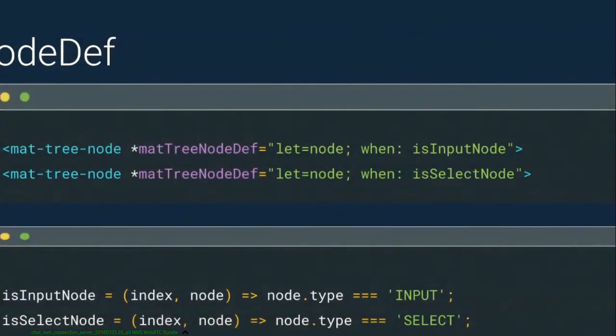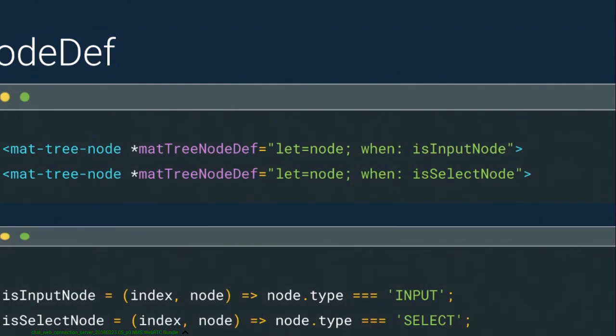In a tree, we can also define different kinds of tree node template. We can have multiple templates. In this example, there are two types of tree nodes. One is input, one is select. And when the node is input node, the first function returns true.